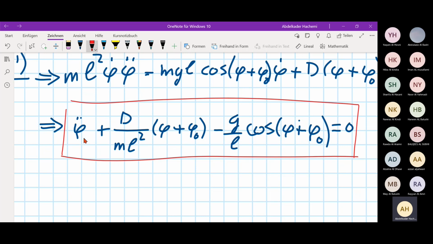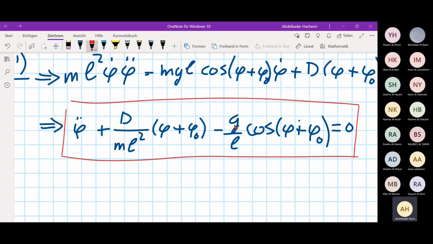This is what we have seen. And when we ask to determine the position phi, that means we have to determine first the differential equation. There are two kinds of differential equation: the homogeneous one, meaning the term is equal to zero, or inhomogeneous. In this case there is a second member here.